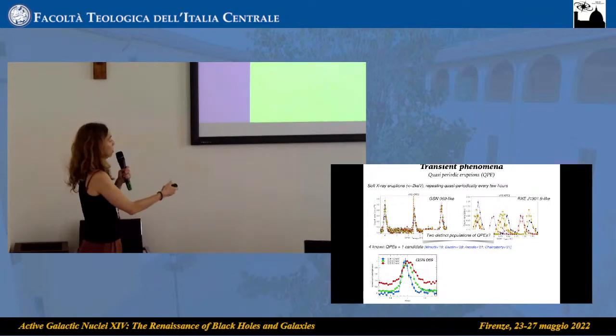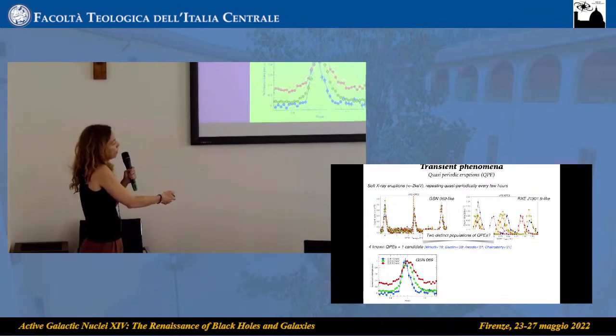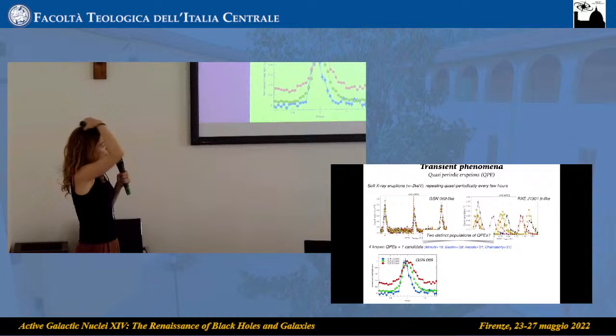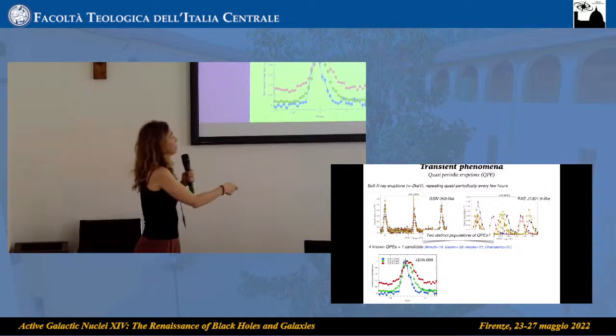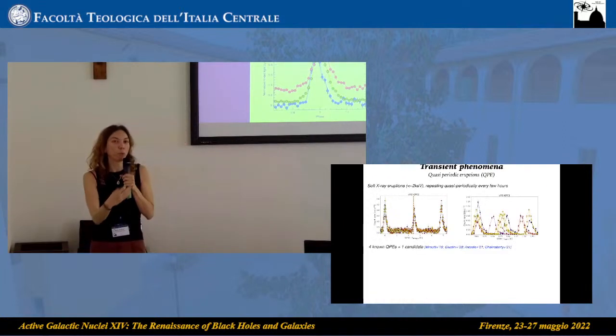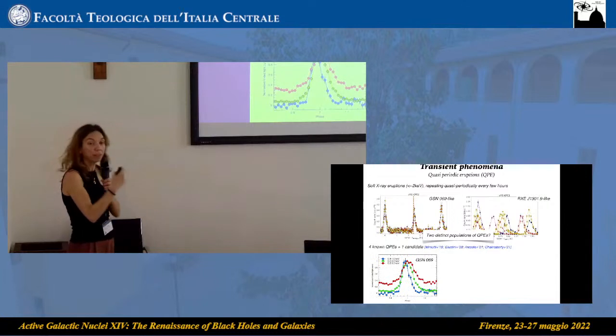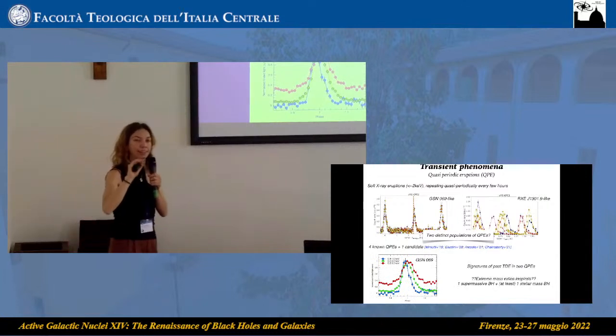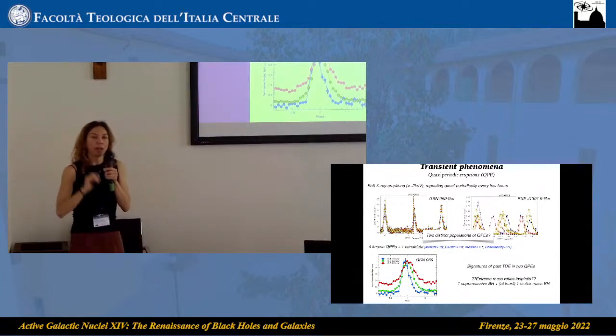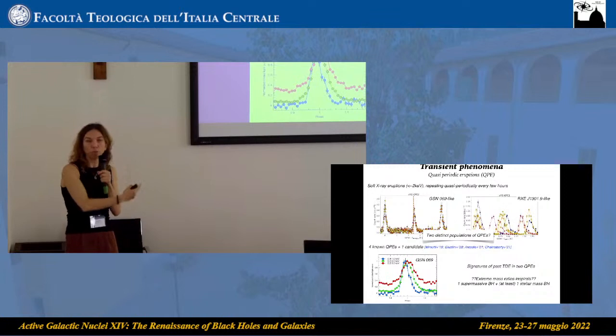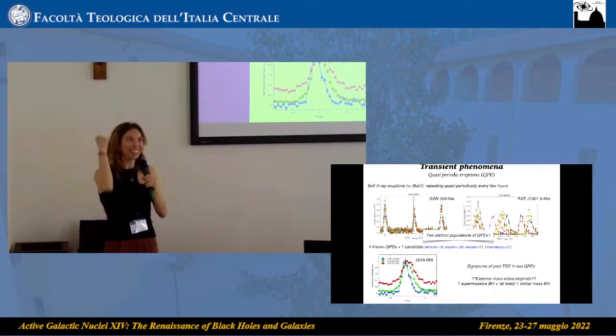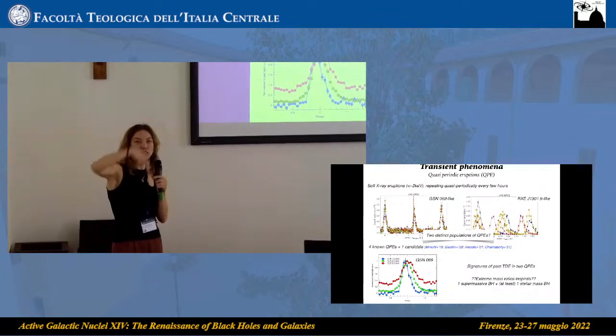Yes, and as for the theoretical interpretations, it seems they fit better with a model where we have a supermassive black hole plus at least one stellar mass black hole. And what the stellar mass black hole is doing is that when it orbits the supermassive black hole, hitting the disk, it produces these flares.